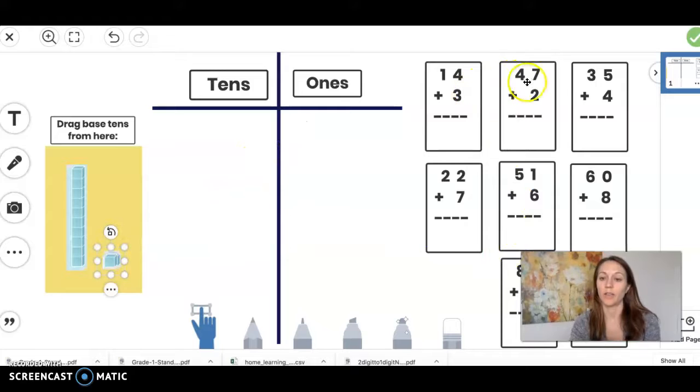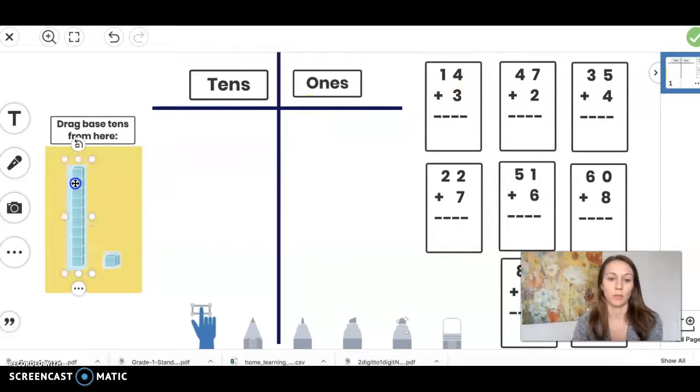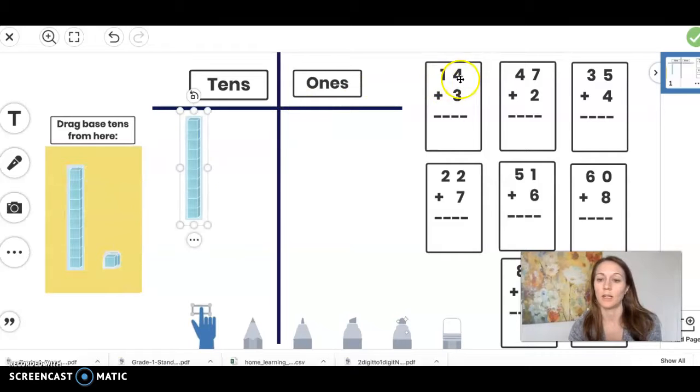Students are going to look at these addition sentences on the side, or addition problems, and they're going to think, oh, if I'm adding 14 plus 3, they're going to build the first number first. So if I look at the number 14, I see there's a 1 in the tens place, so I'm going to make my 1, and I see there's a 4 in the ones place.